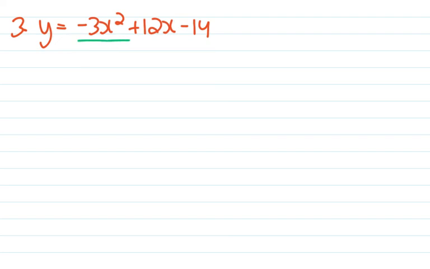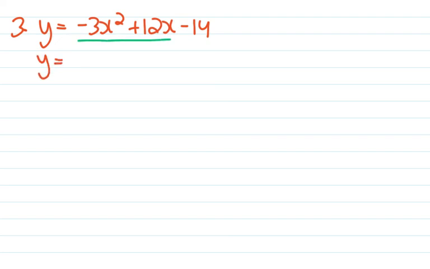Okay, onto the back of the page, number 3. Y equals negative 3x squared plus 12x minus 14. So I'm going to look at the first two terms and take out the a value.